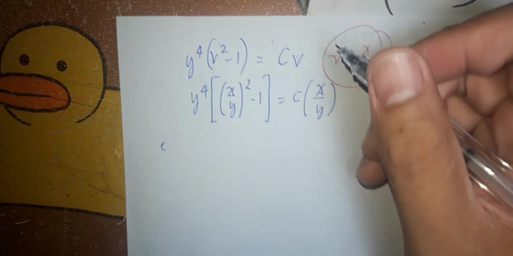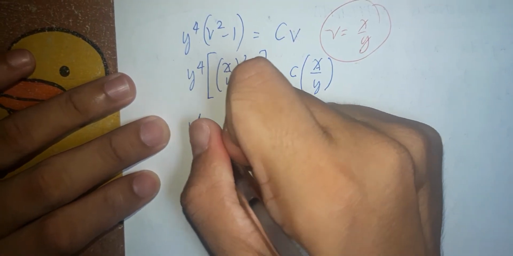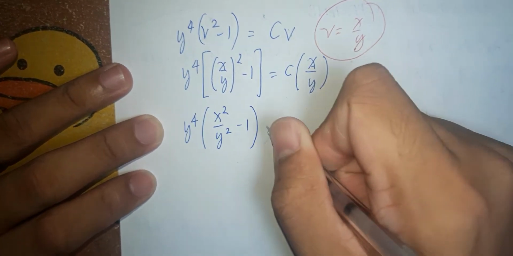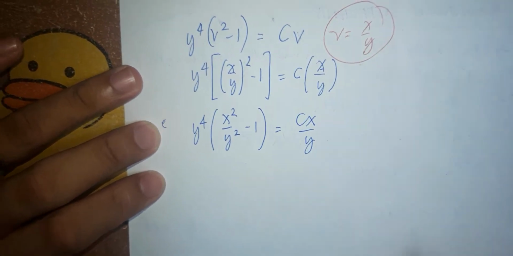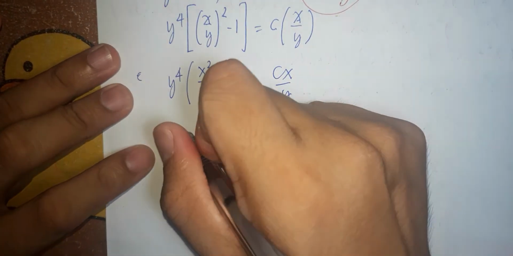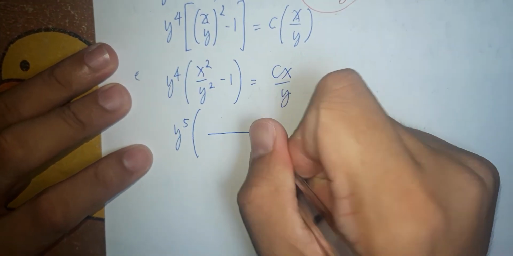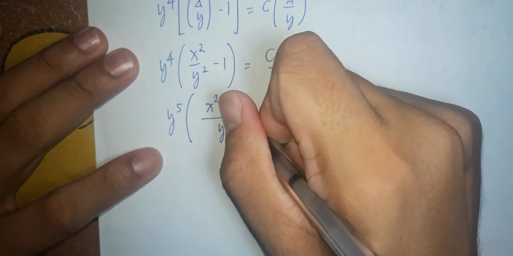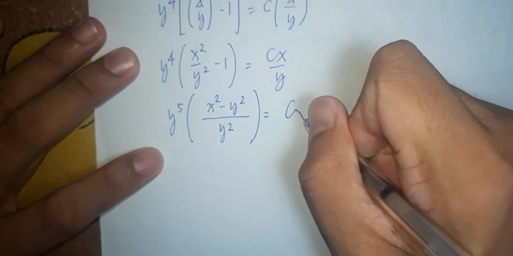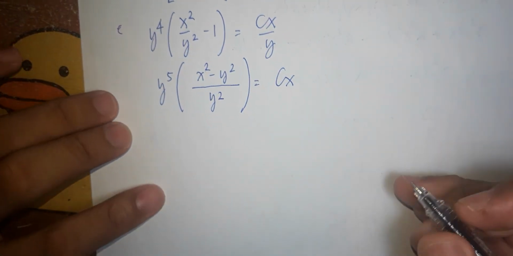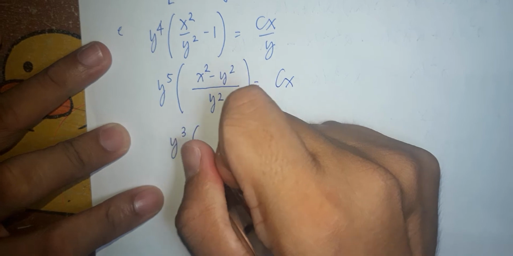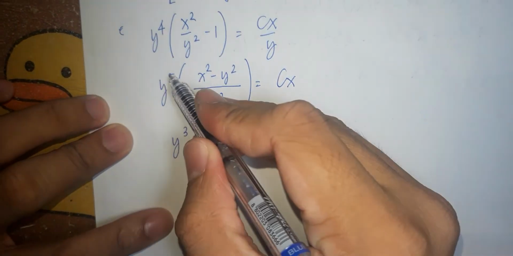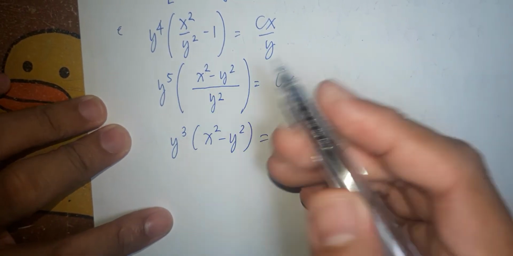Simplifying that further, that gives you y to the fourth times x squared over y squared minus 1 is equal to cx over y. Cross multiplying gives y to the 5, and LCD of this denominator is y squared. Then that gives you x squared minus y squared is equal to cx. Then that gives you y cubed times x squared minus y squared is equal to cx. That y to the fifth and y squared cancels out, may matitirang y cubed.